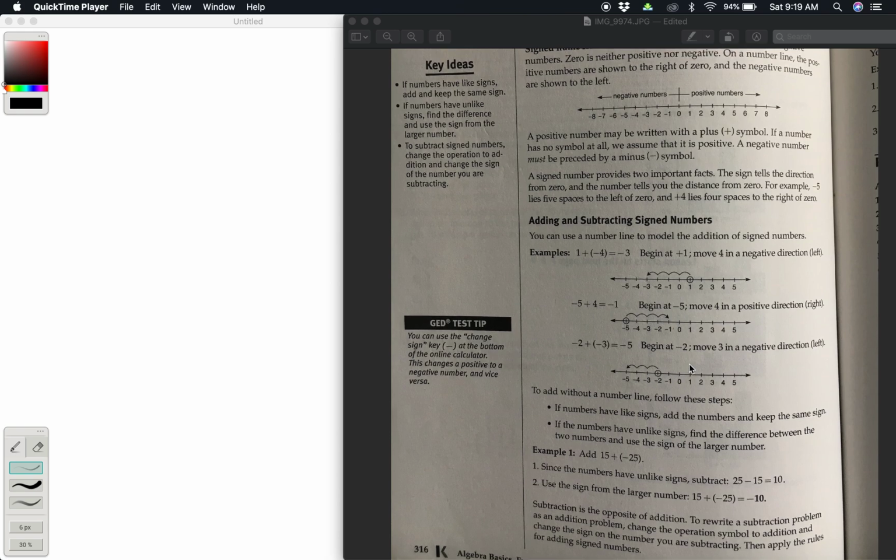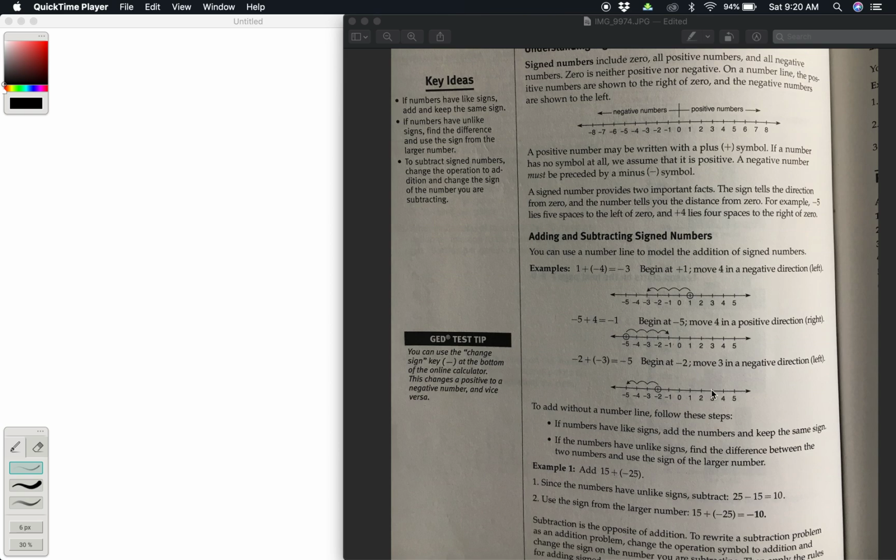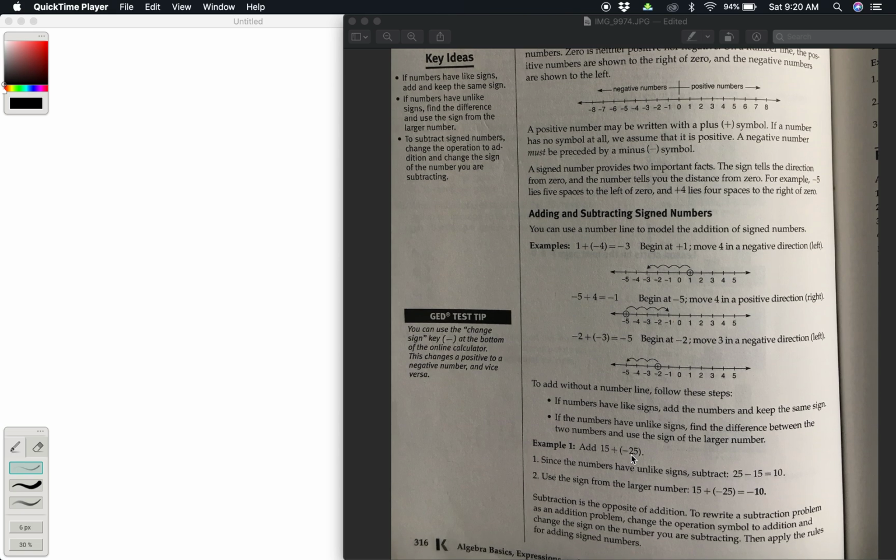On the line, you would have a positive 15, then you would count 25 towards the negative side, which would put you at a negative 10. If you're adding negative numbers, you're basically taking away from the positive numbers, and once you pass 0, going to the left, you have to add the negative sign.